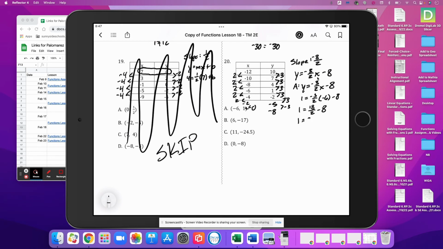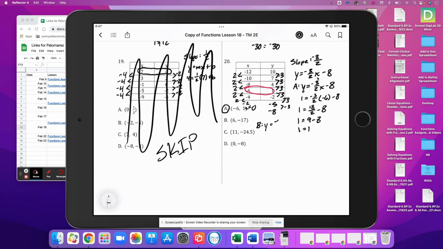And 1 equals 9 minus 8. Yes, 1 is equal to 1. So A is a solution. And I also just noticed that A is in the table. Negative 6, 1 is right there. So I could have skipped having to do that one. Anyways, moving on to B.